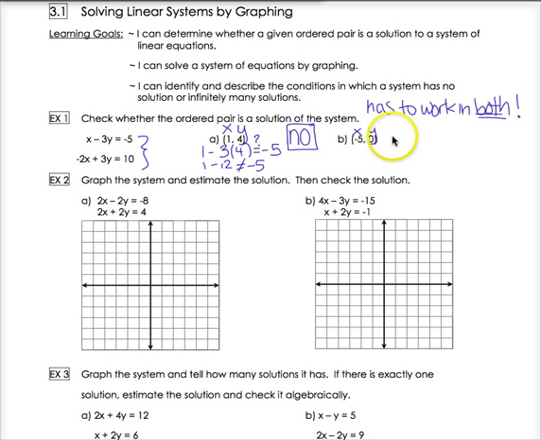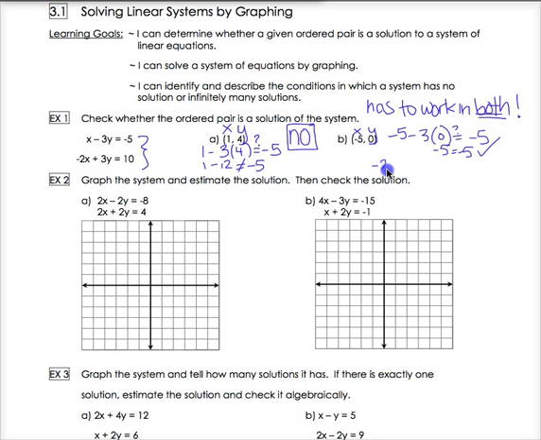So in the first equation, I got -5 minus 3 times 0 when I plug it in. And I'm asking, does that equal -5? 3 times 0 is 0, so that gives me -5 equals -5. So yes, it works in the first one. That does not yet mean that it's a solution. Again, it has to work in both. So now plug it into the second equation.